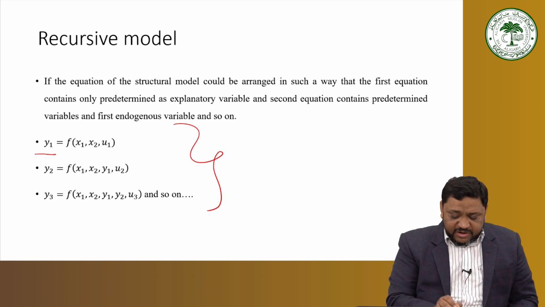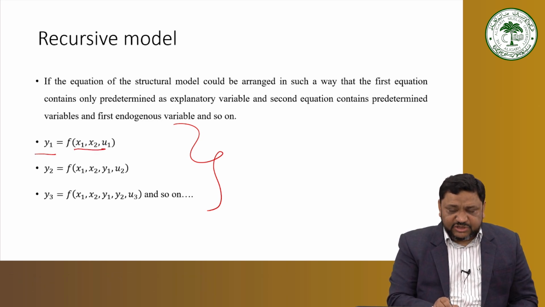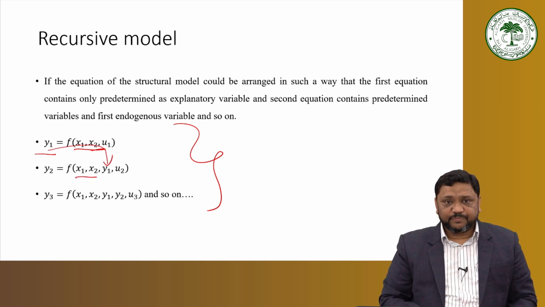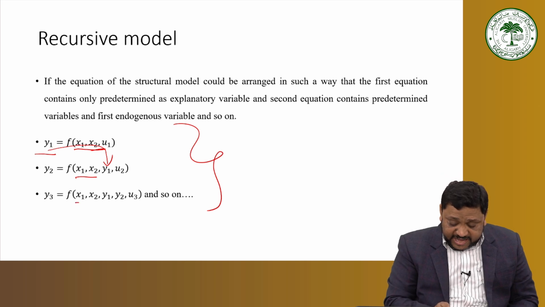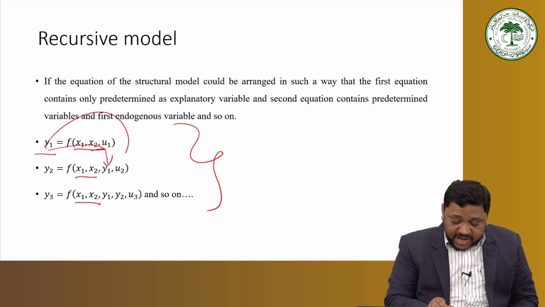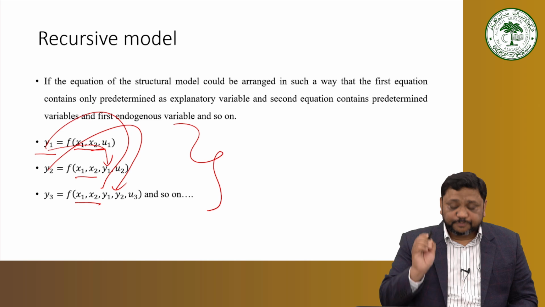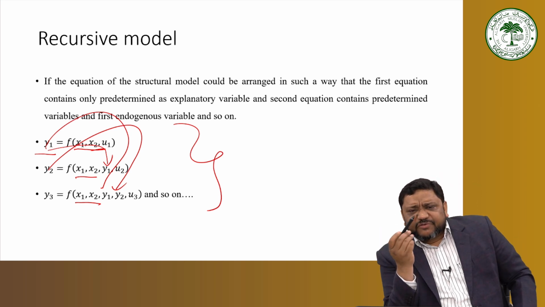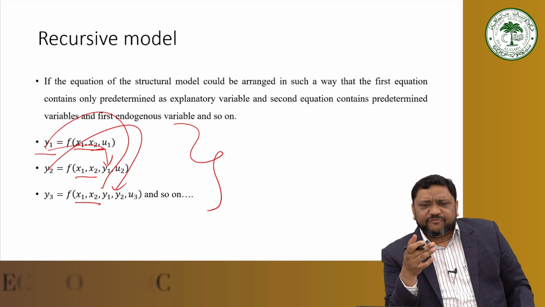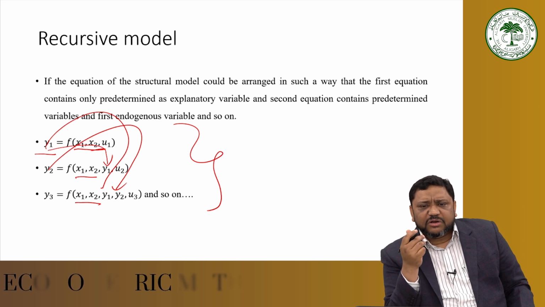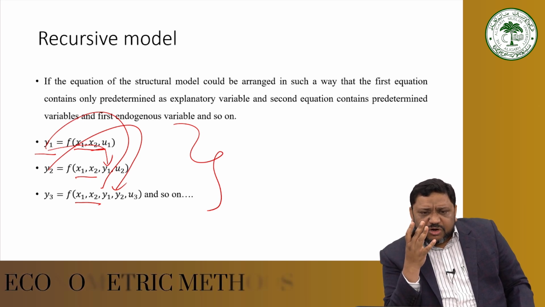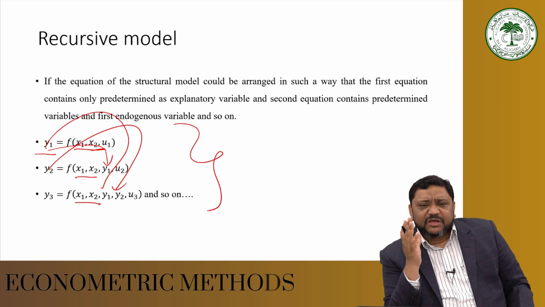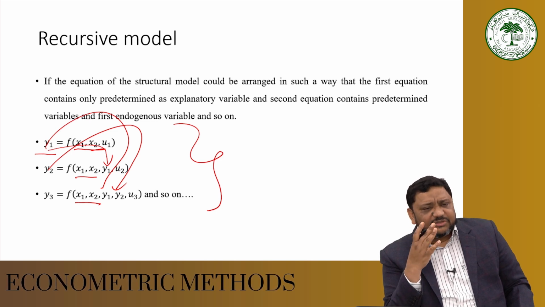See, y1 is a function of only x1 and x2. But the next time there is x1 and x2, and there is again y1 also. In the third equation there are x1 and x2, and now there are y1 and y2. So see, a simultaneous equation model can at times take this special form. This is called a recursive model. If the equations of the structural model can be arranged in such a way, then we can call it a recursive model.